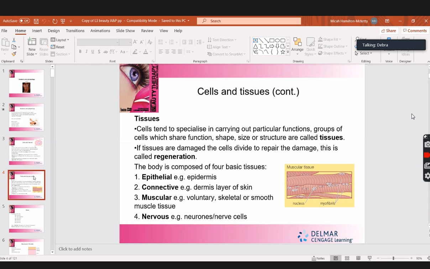Yes, these are our different tissues, our different classes. The classes that we need to know for our tissues are epithelial, connective, muscular, and nervous. Okay, important for us to know.